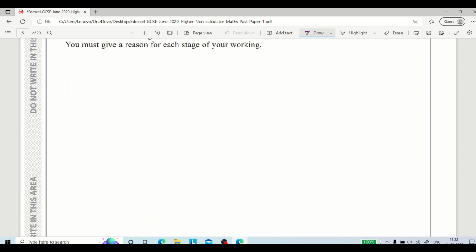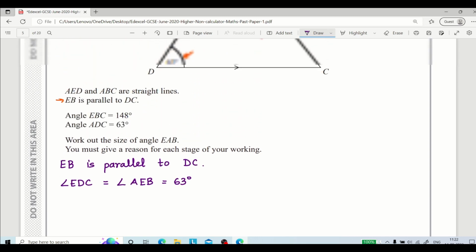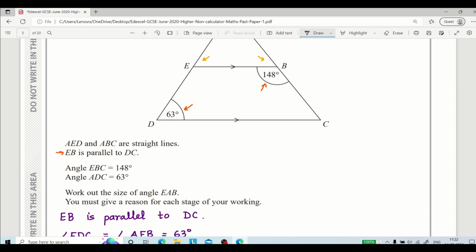Okay. So given EB is parallel to DC, this implies angle EDC is equal to angle AEB, which is equal to 63 degrees. Let me just come back to the figure.